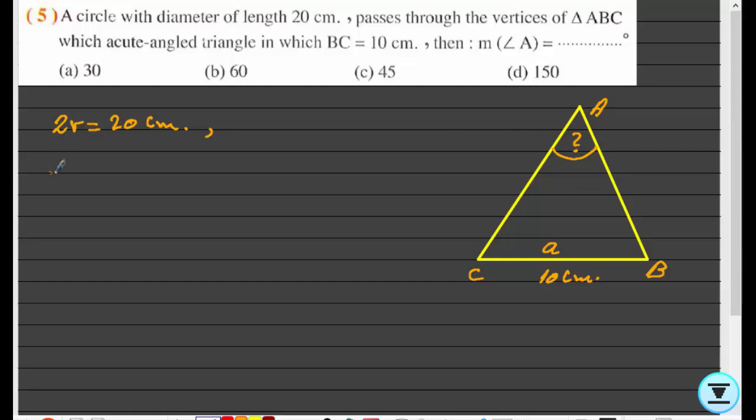We know that from the sine rule that a over sine A equals 2r. a equals 10 centimeters over sine angle A equals 2R, and 2R equals 20 centimeters.